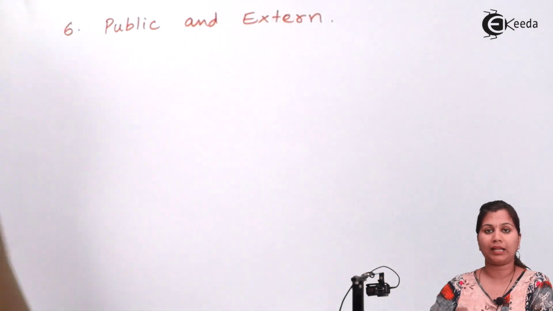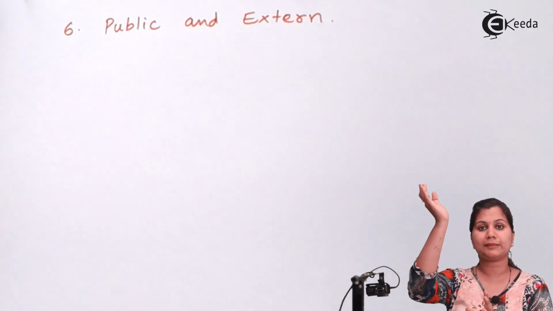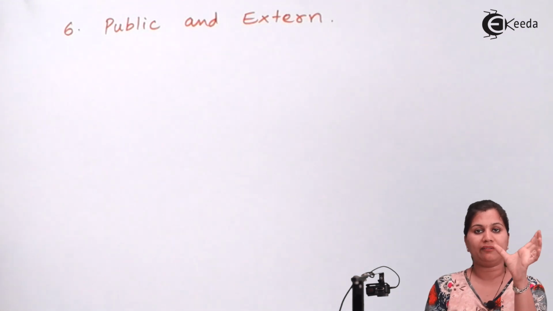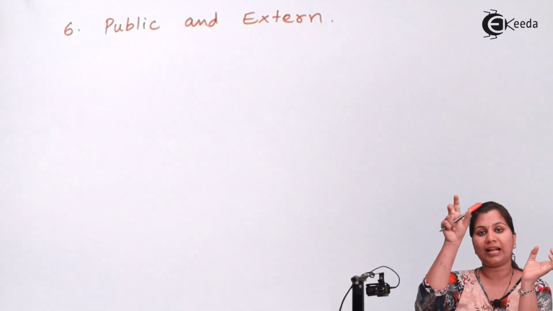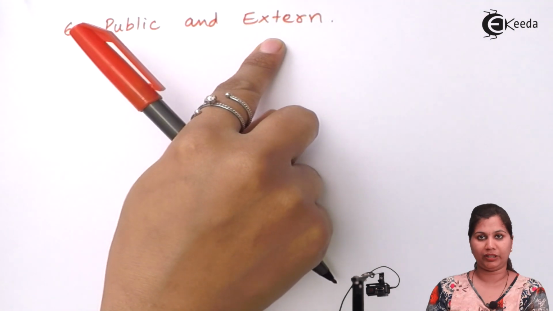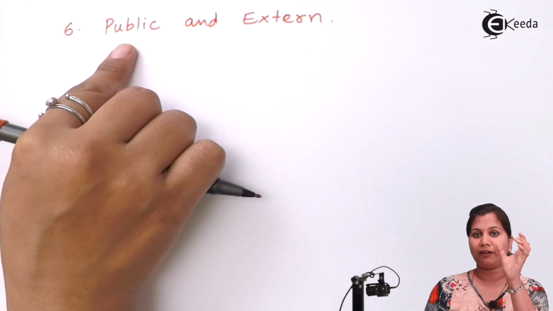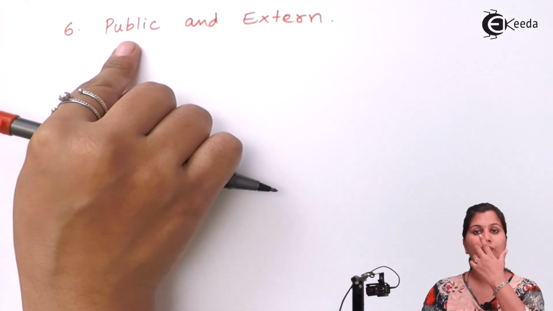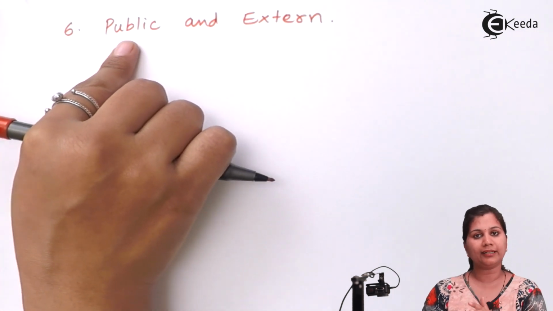Extern means if some variable is defined in another file and that variable is being used in some other file. Okay, suppose that in file 1 we have defined a variable A and in file number 2 we are using that variable A. So extern will be used to import that variable from that file. And public means suppose that we have defined a variable A and this variable is to be used in file 1 also, file 2 also, file 3 also. So we will publicly define that variable.